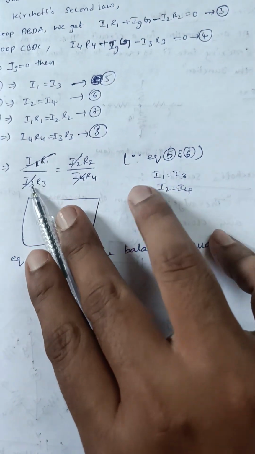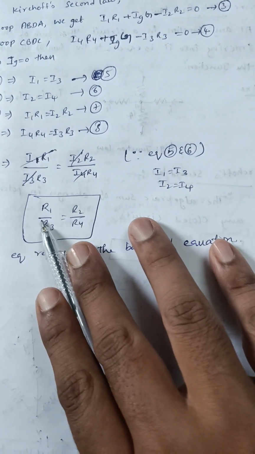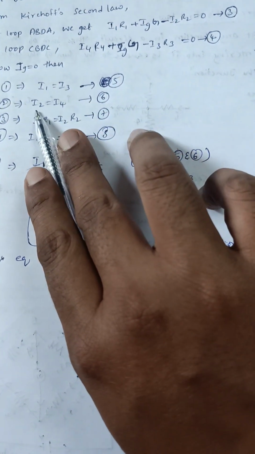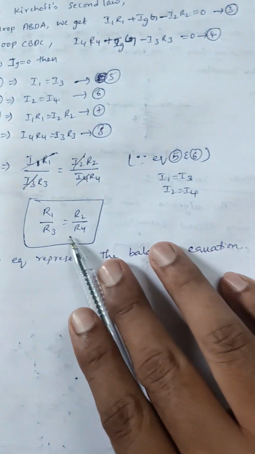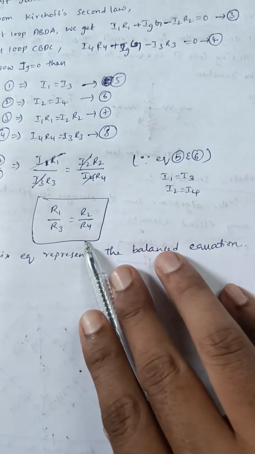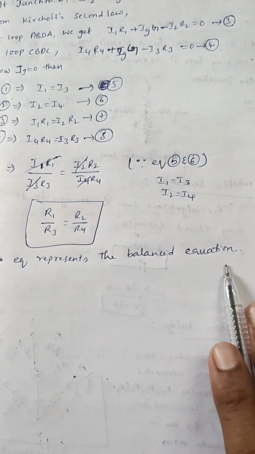Since I1 equals I3 and I2 equals I4, they cancel, so R1 by R3 is equal to R2 by R4. This is the balanced bridge equation.